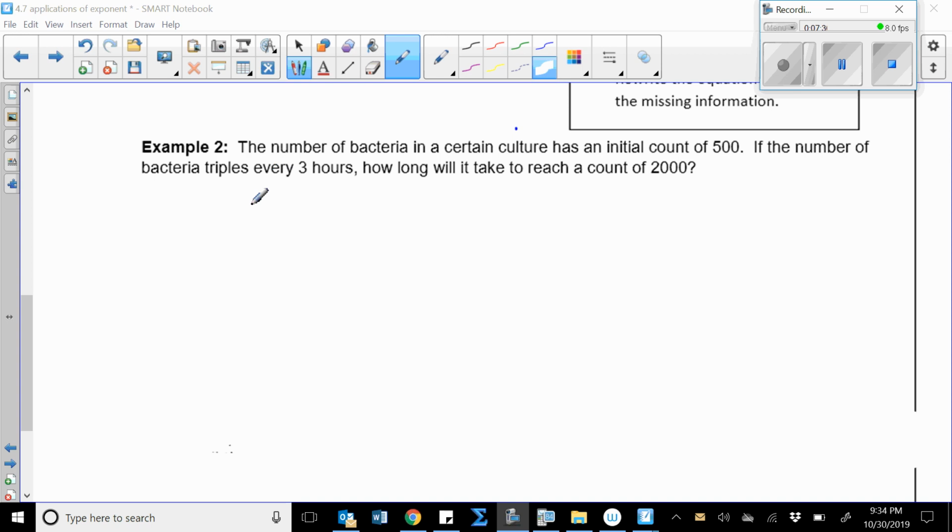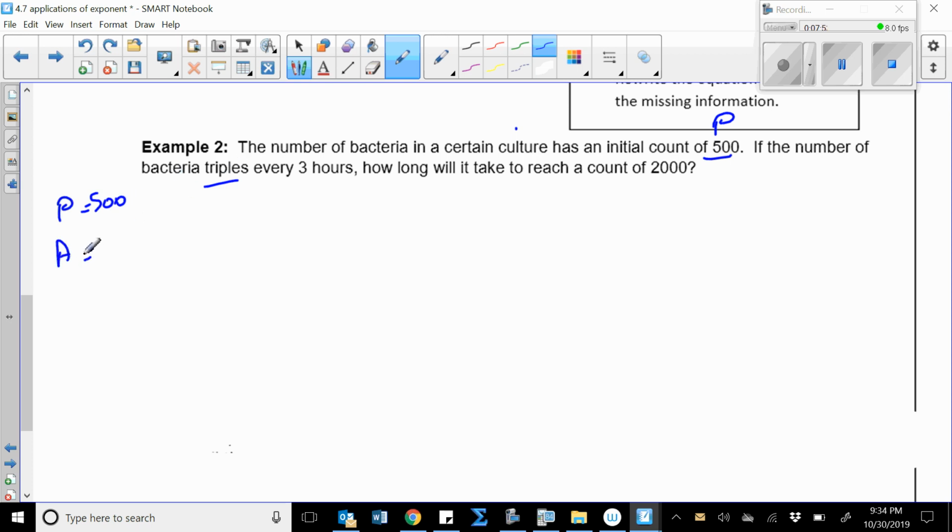In the next problem, it says the number of bacteria in a certain culture has an initial amount of 500. So this 500 is the initial amount. So this is P. If the number of bacteria triples every 3 hours, so if P is 500, it triples after 3 hours.